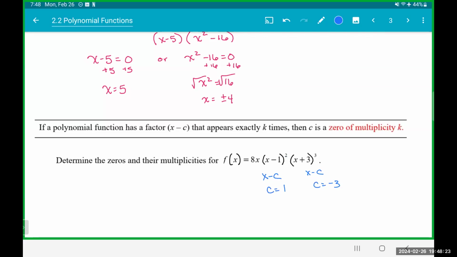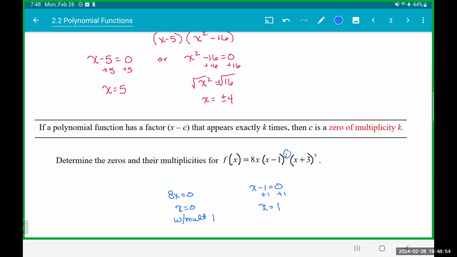So in the first term, we have 8x equals 0, so x equals 0. This happens only one time because there's no exponent here. It's multiplicity equal to 1. For the next one, we have x minus 1. When that is 0, we add 1 to both sides, and we get x equals +1.